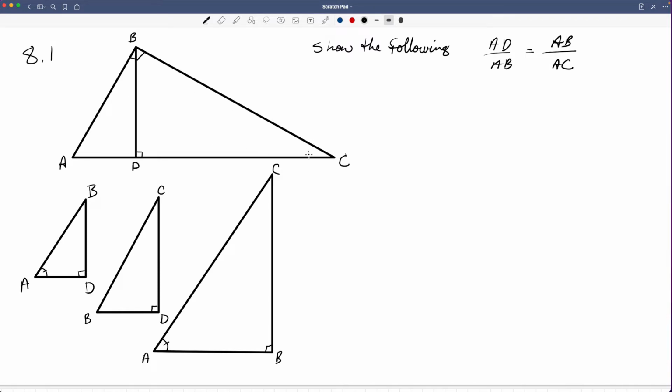So this is going to be congruent to angle C here, and this angle B is going to be congruent to angle A.